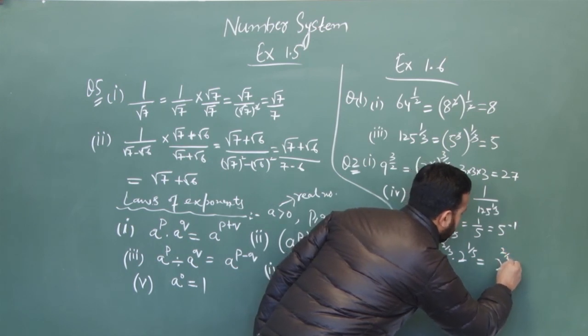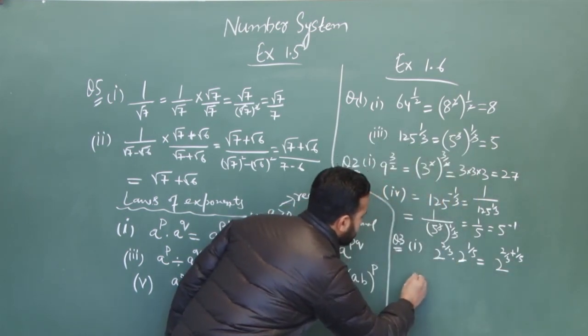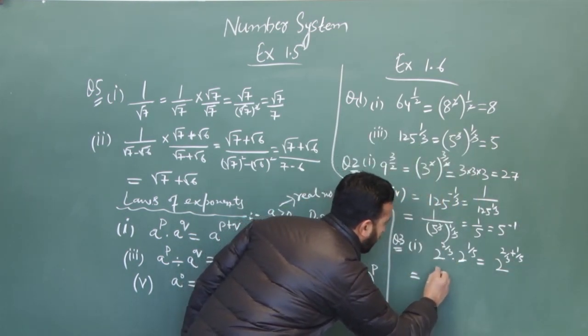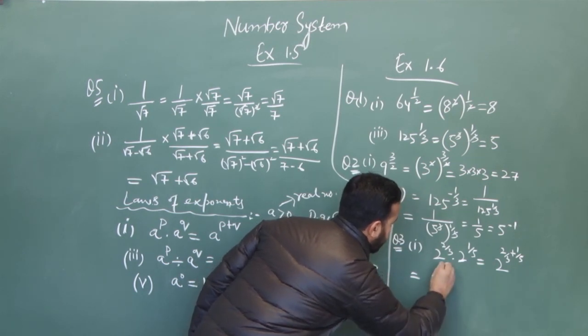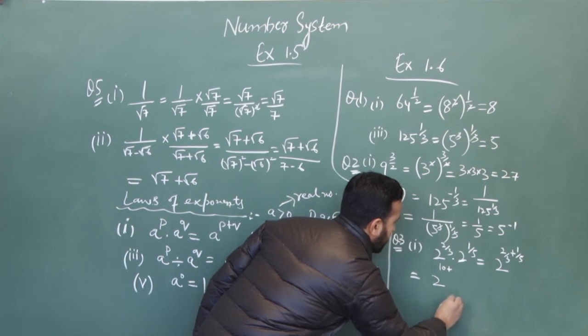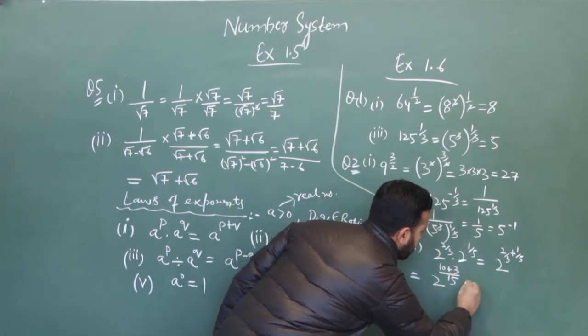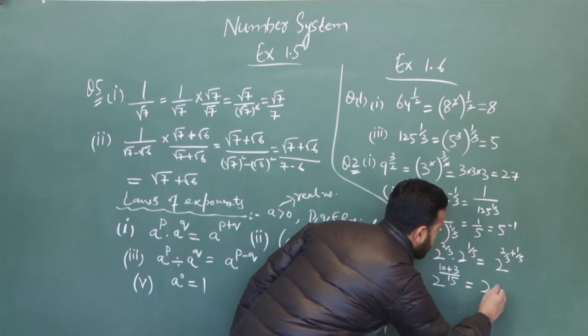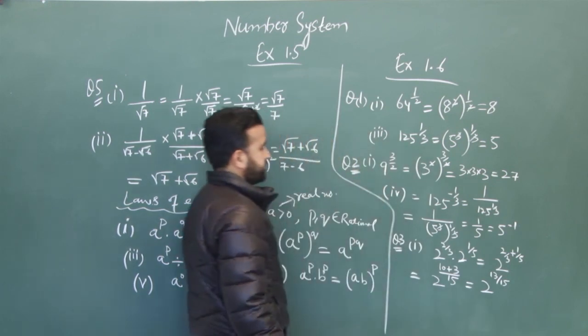It is 2 by 3 plus 1 by 5. Now we can simply take the LCM of the denominators. So it will be 10 plus 3 by 15, that is equal to 2 raised to the power 13 by 15.